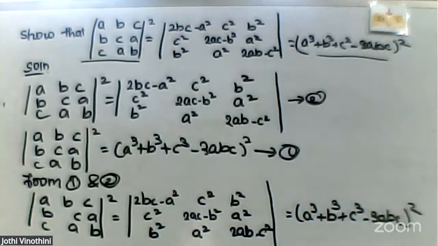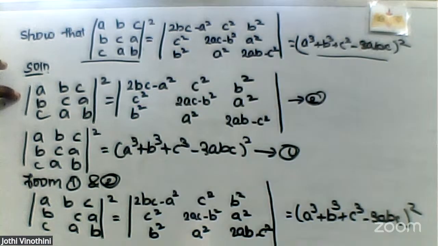Right? What we did? Initially, we took the determinant alone and found the determinant by expanding along column 1, and we squared it. That's how we got equation number 1.